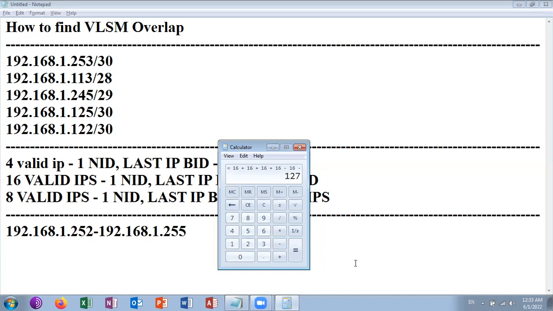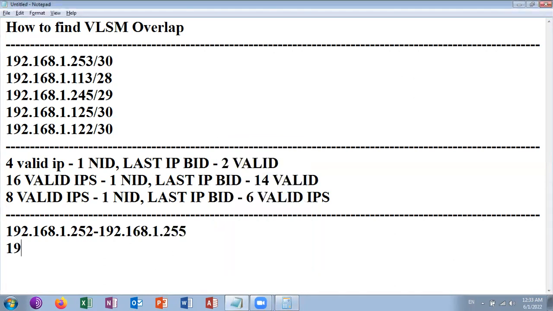So we have 127, and it is the last broadcast ID. So the range should be 192.168.1.112 to 192.168.1.127.